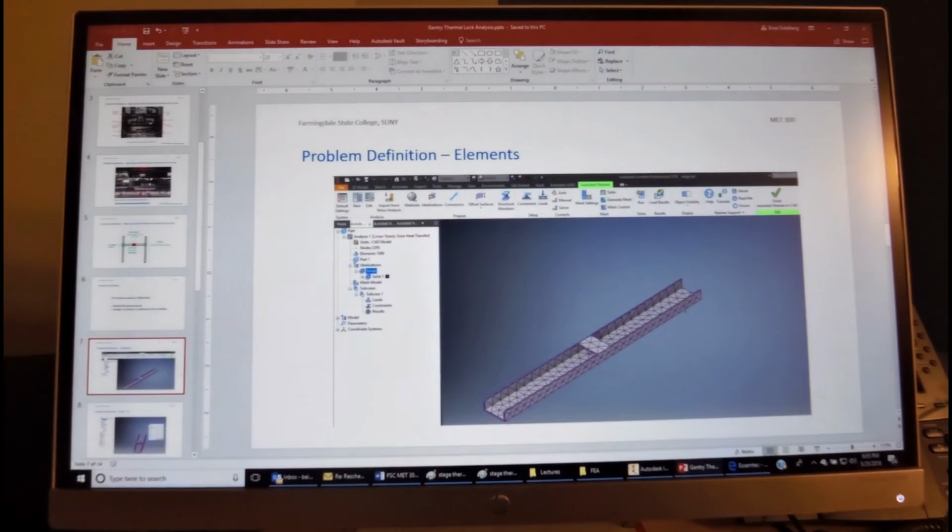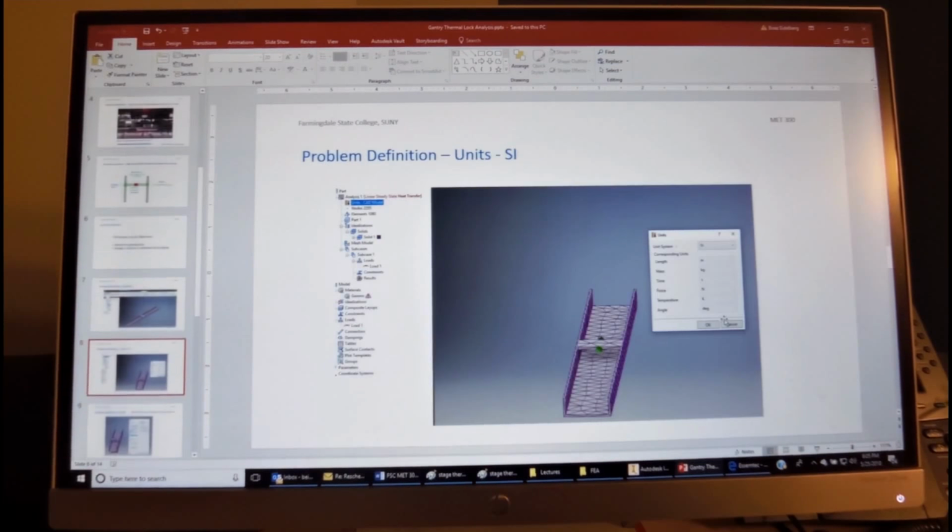So we're using over here the Inventor in order to model the cross beam, the Y stage with its slide where the motor coil is located. We use low mesh finite elements.